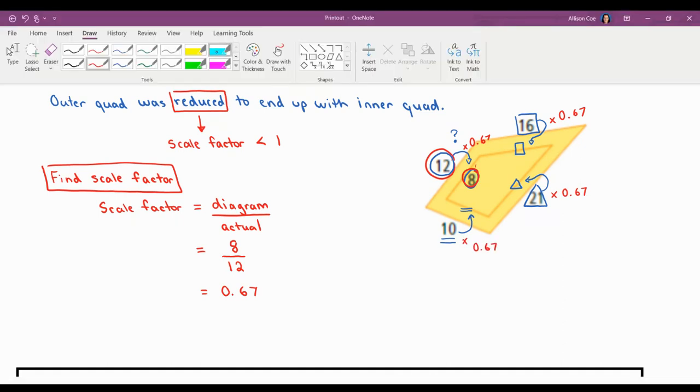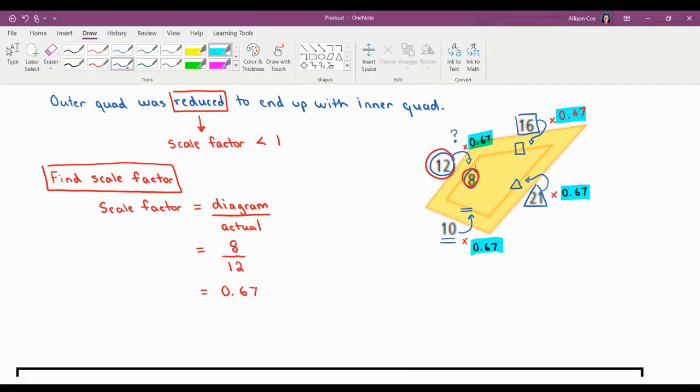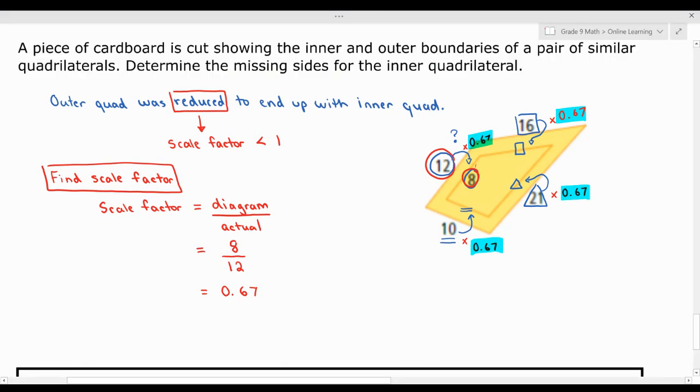Okay, so really important, if they are similar figures, you have to be multiplying by the exact same number for every single side. So if we do those calculations, if I go 16 times 0.67, so I could actually say that this would be 10.72. I'm going to keep 2 decimal places just because the scale factor had 2. You could say it's 10.7 if you wanted.